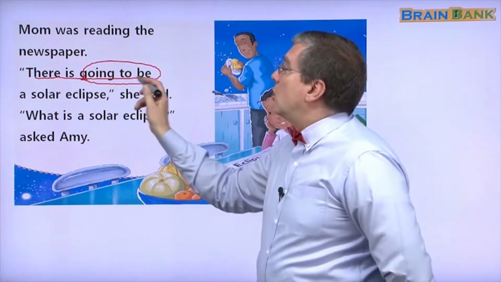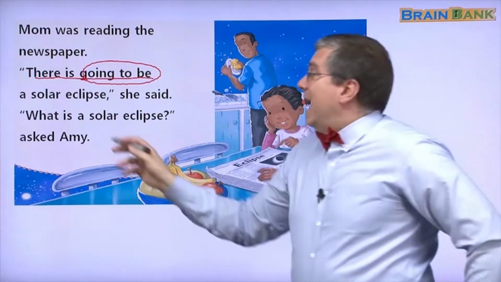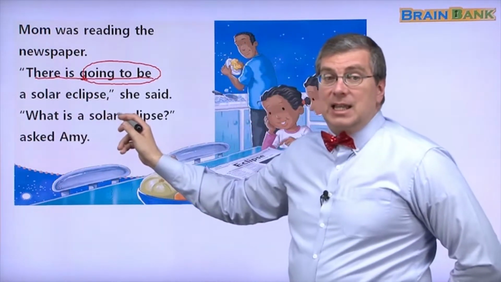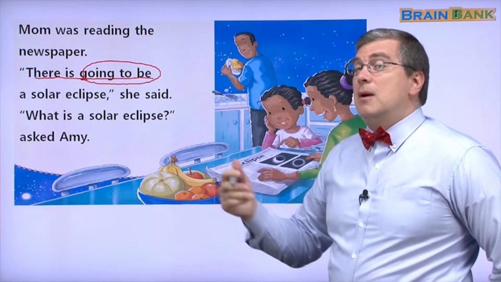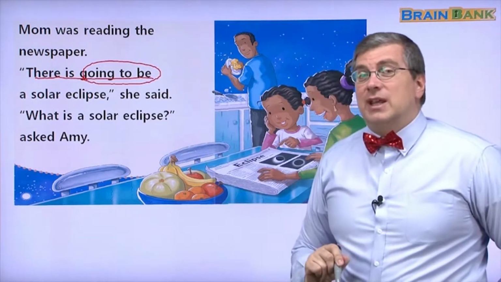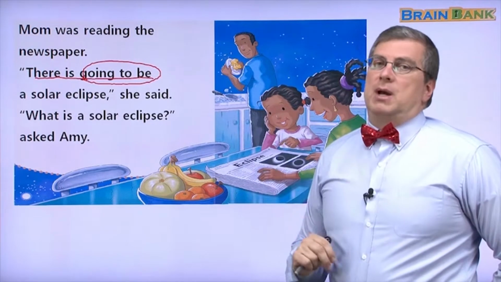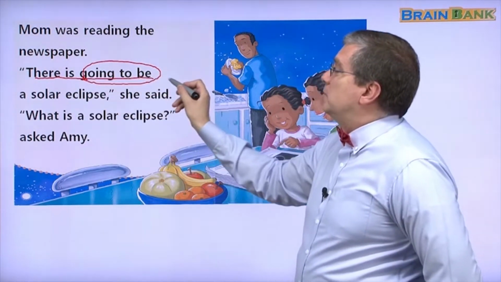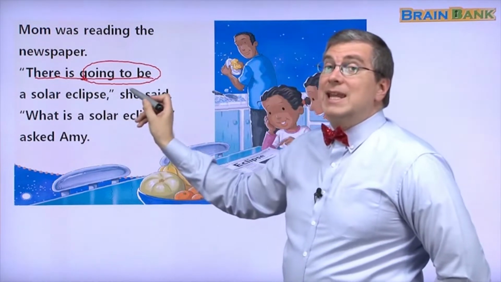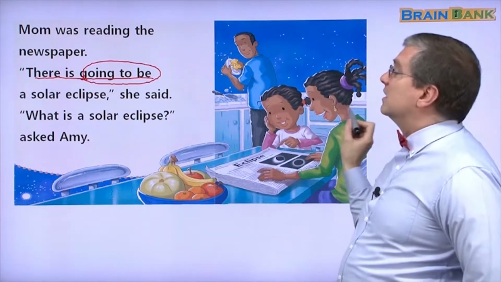Future. There is going to be what? A solar eclipse. Will come. So that's very interesting. I want to see it. There is going to be a solar eclipse, she said.